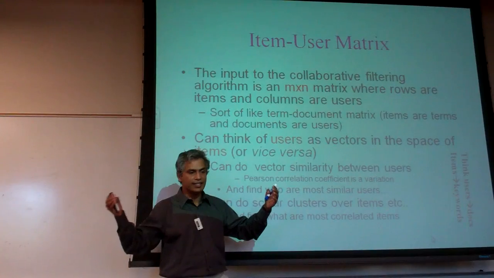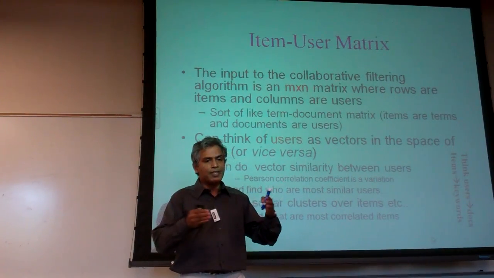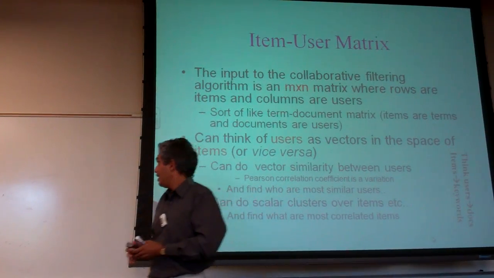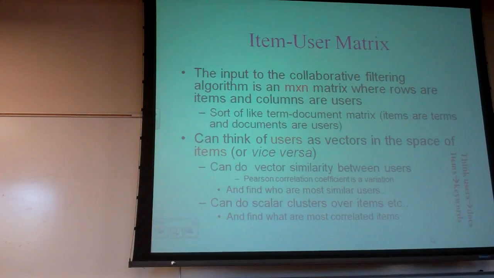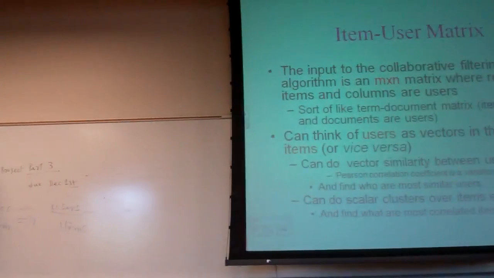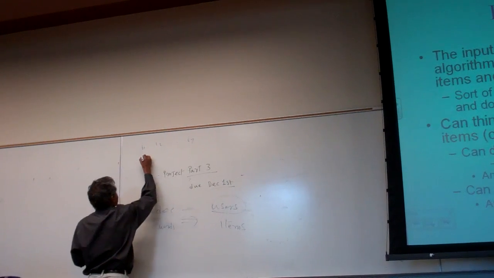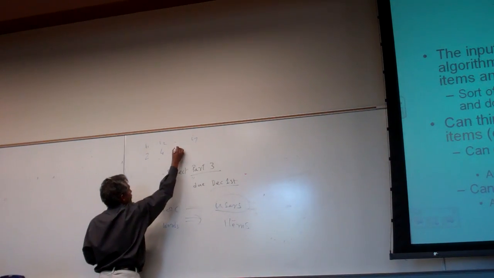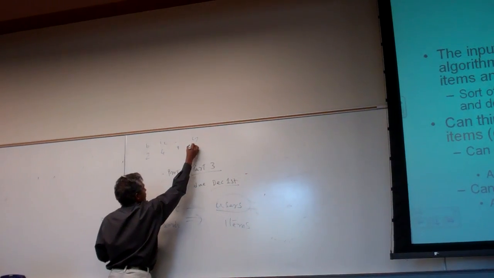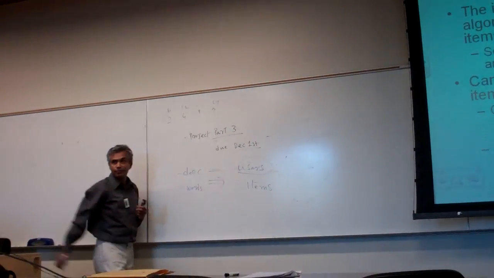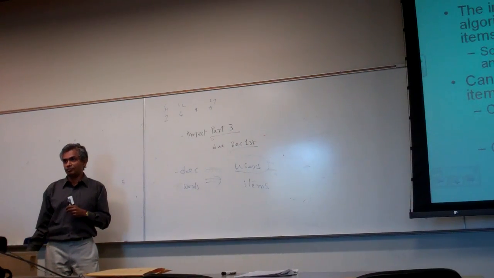So the idea is, if I have rated something between 1 to 10, here are my items, I1, I2, etc., I7, and I rated this 2, this 4, this 9, this 5, let's say. That's the ratings vector.